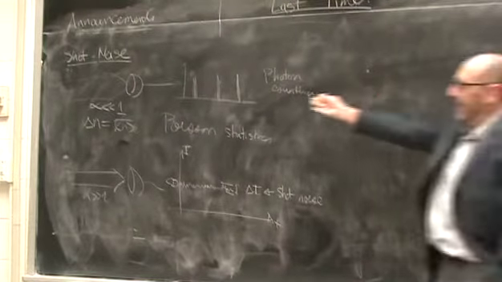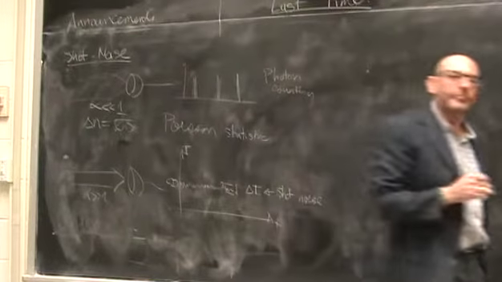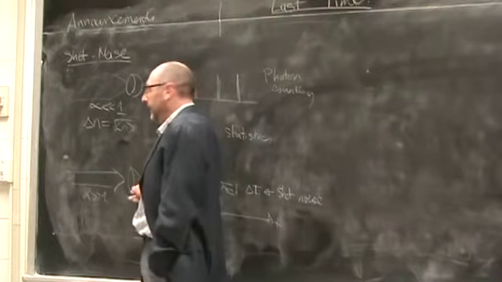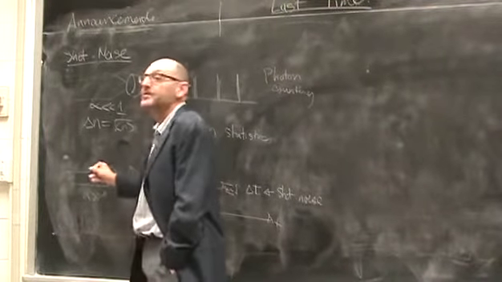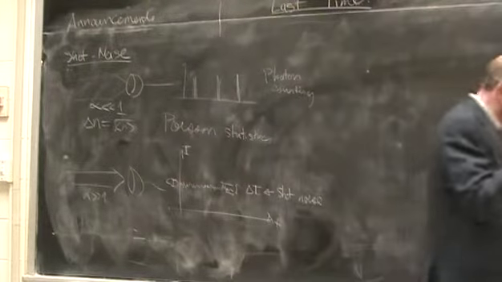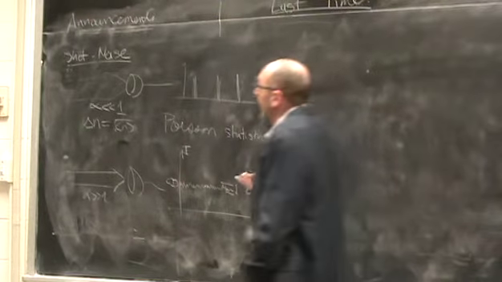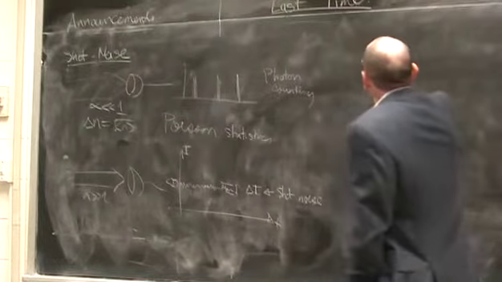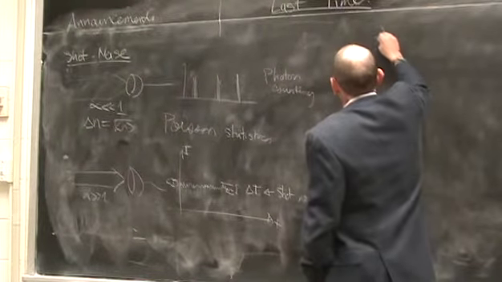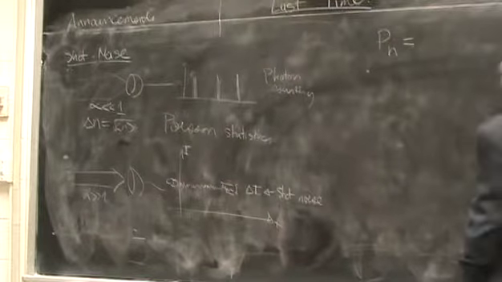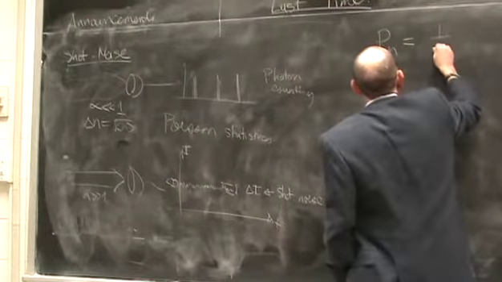It's the same physical underpinning. It's due to the fact that there's some randomness in the number of photons that will be measured in any given time interval, because this is not an eigenstate of the number operator. It has an uncertainty in the number of photons. And a coherent state has, as we know, a probability distribution of seeing n photons in a given time interval equal to a Poisson distribution.